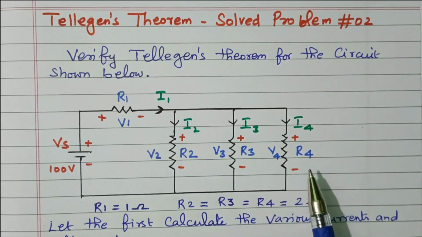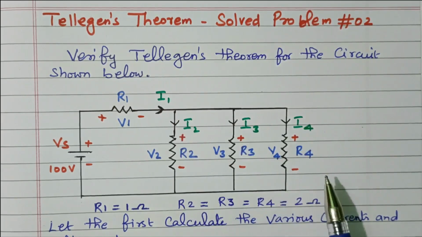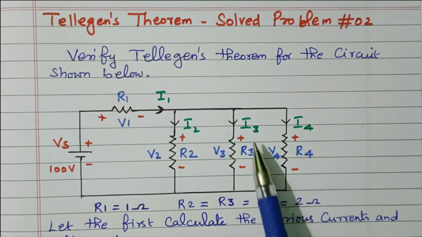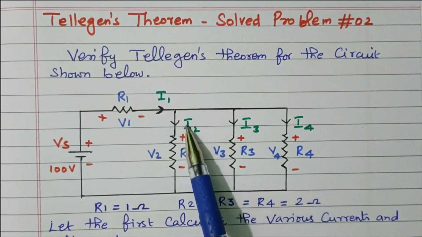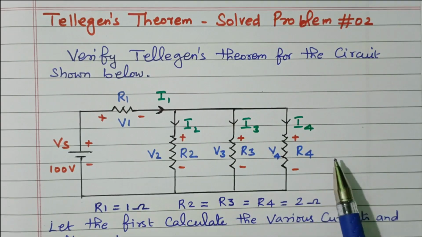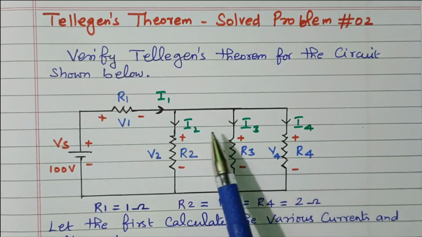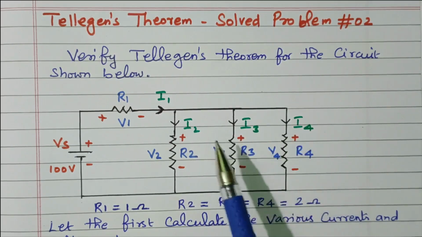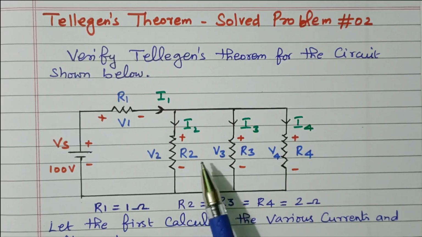Then the voltage drops across R2, R3, R4 are equal because they are connected in parallel and the values are equal. Similarly, the currents flowing through R2, R3, R4 are also equal because of the same resistor value. That is, I2 equals I3 equals I4, and V2 equals V3 equals V4, right?